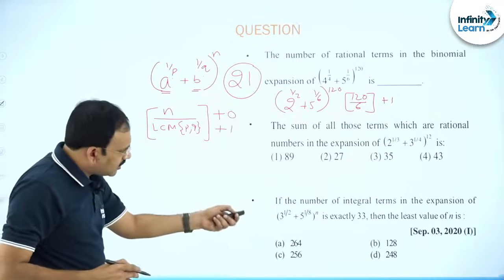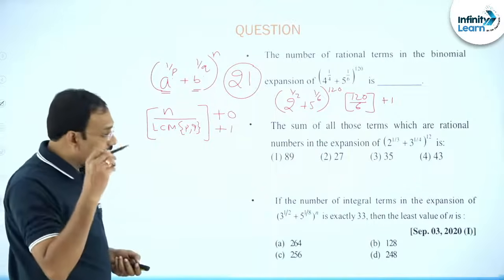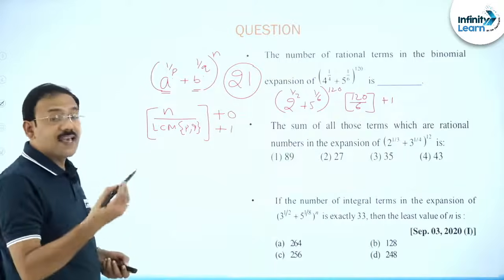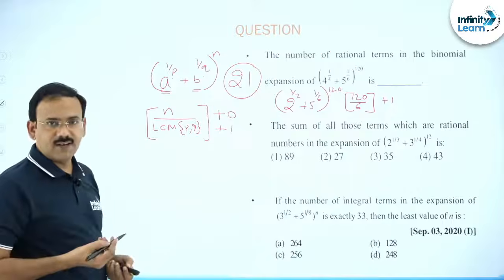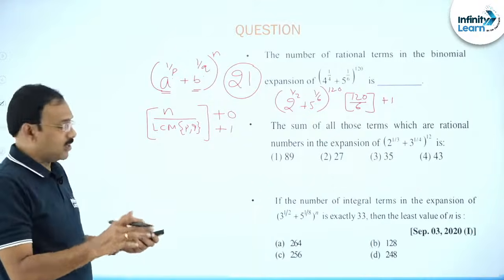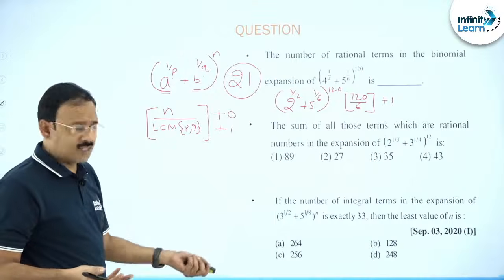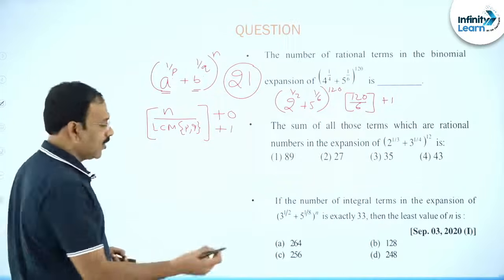rather first you see this question, the number of integral terms in the expansion of this is exactly 33, then the least value of n. You see, same kind of question, the number of integral terms as well as rational terms are both the same, because 3, 5 are integers. Now you just try to apply the logic.